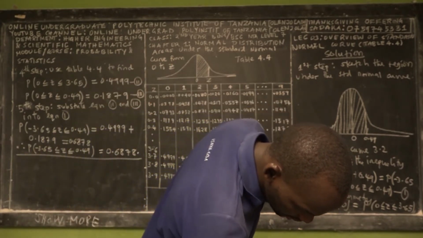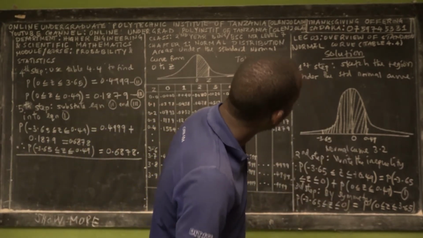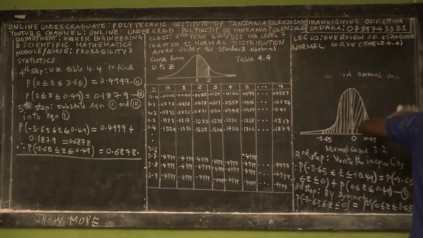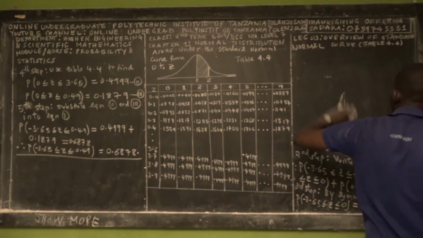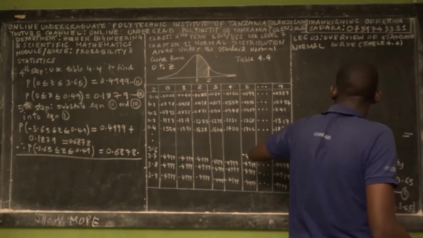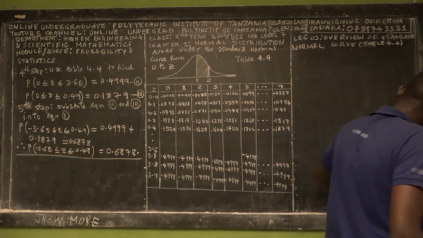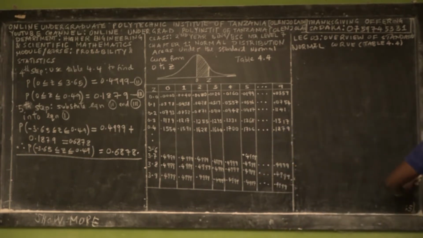So right now, let me teach you case 4: the use of table 4.4 on finding the probability.